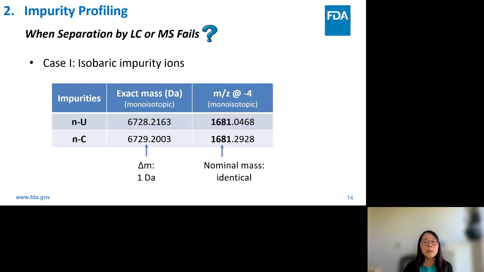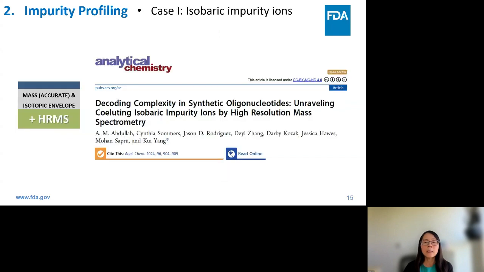So for example, N-1 impurities resulting from loss of uracil or cytosine nucleotides. When multiply charged, they typically form isobaric ions of identical nominal masses because their mass difference is only 1 Dalton.